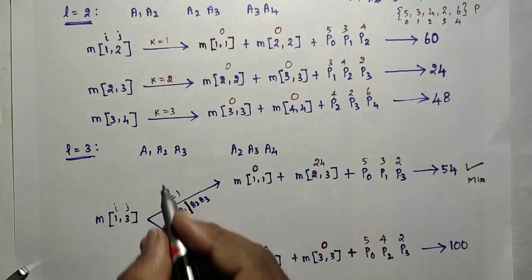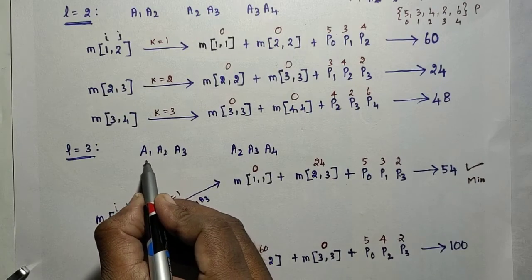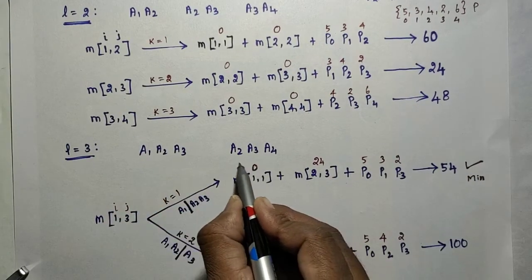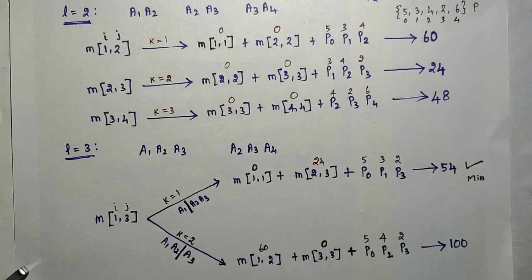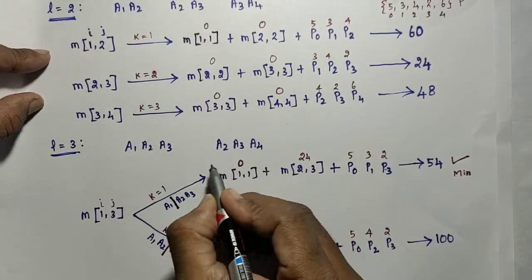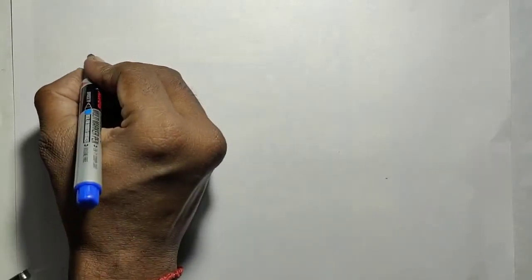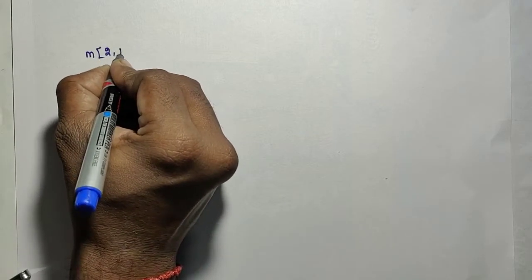So now we have got the values for 1 to 3. Another one with length equal to 3 is 2 to 4, that is A2, A3, A4, that is m of 2 to 4. So we need to determine m of 2 to 4.